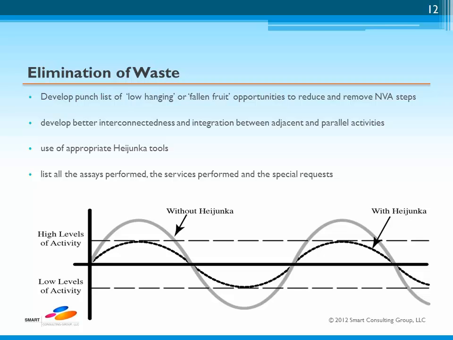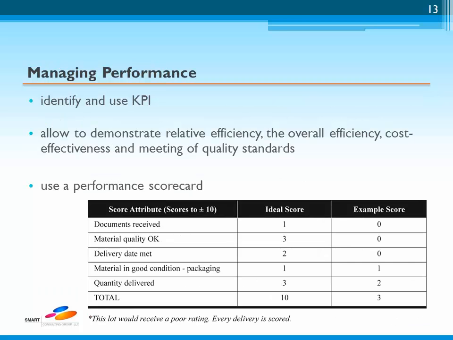To complete this, it's important to list all the assays being performed and the services performed, as well as special requests that frequently become part of a weekly routine. In completing this, one will generate a great repository of data from which to eliminate waste and to re-engineer the whole operation.